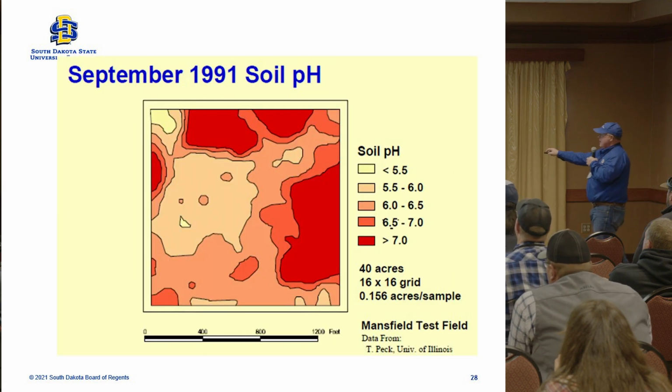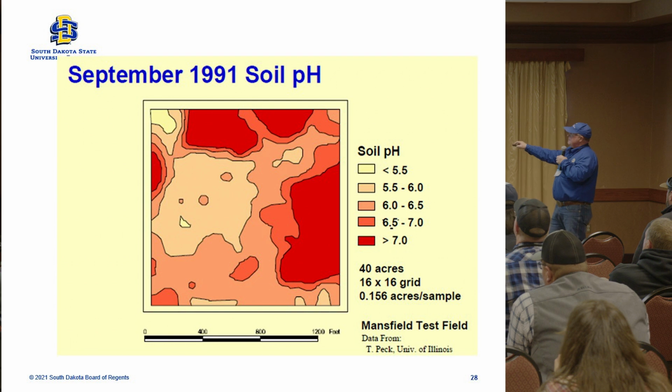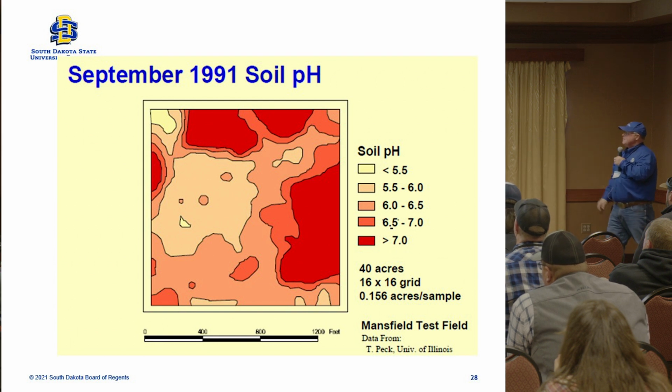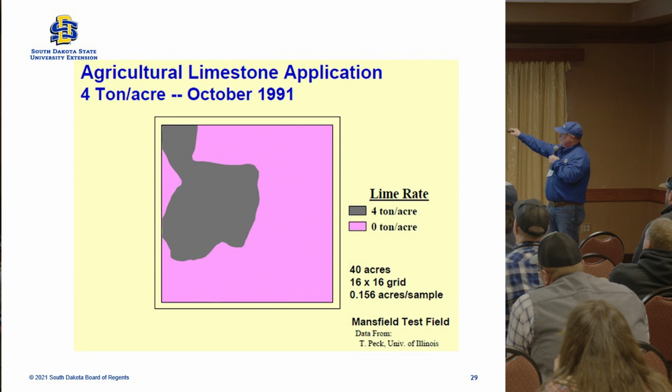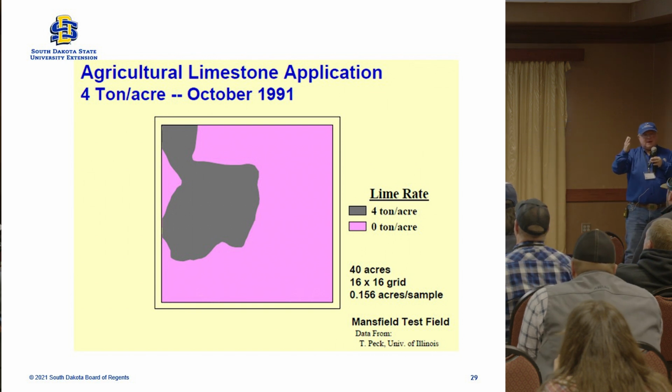And then Dr. Peck came back in a field, and he did some grid sampling and some kriging and some fancy mathematics, came up with a pH map, and then here were his recommendations: 4 ton in the gray, leave the rest alone. And that's the important thing about liming. You do not want to blanket cover a whole field unless the field is the same.